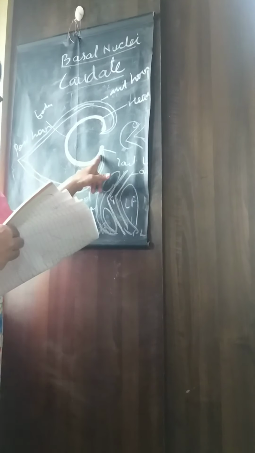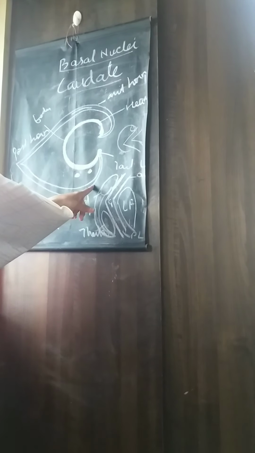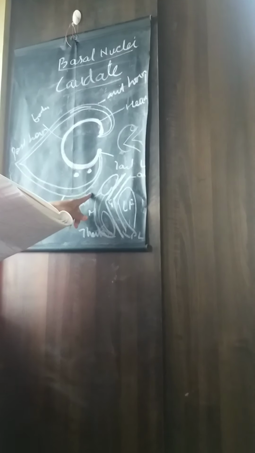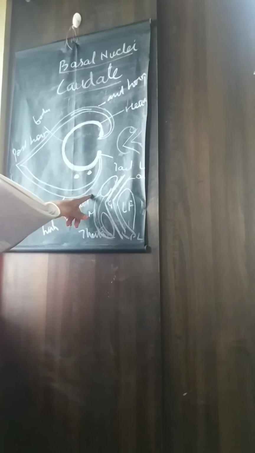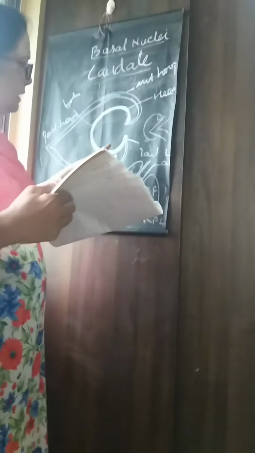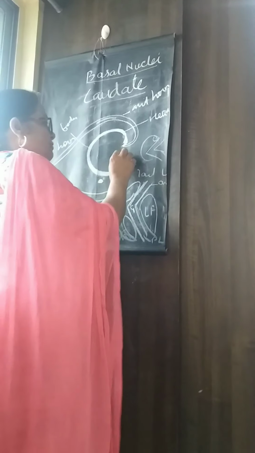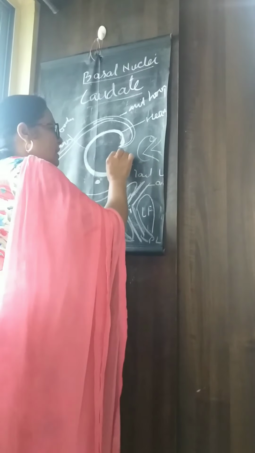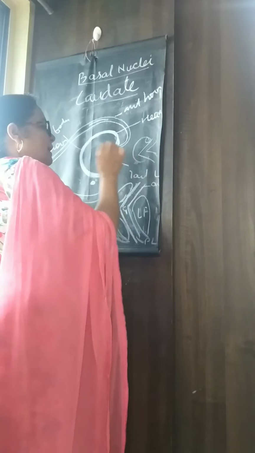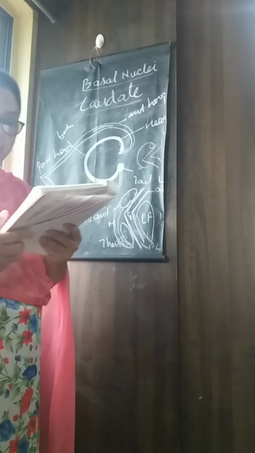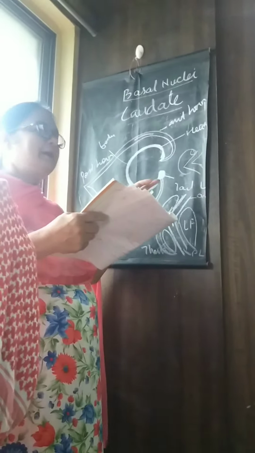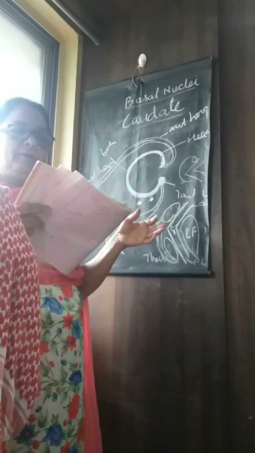The tail of the caudate nucleus forms the roof of the inferior horn of the lateral ventricle, and over here in the lateral part it ends by continuing as the amygdaloid body.